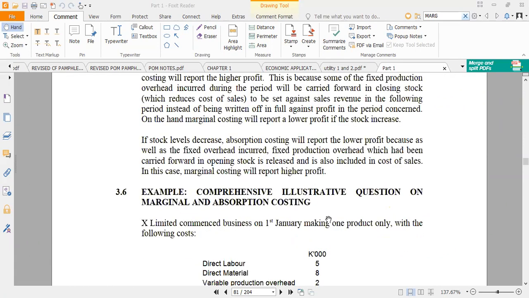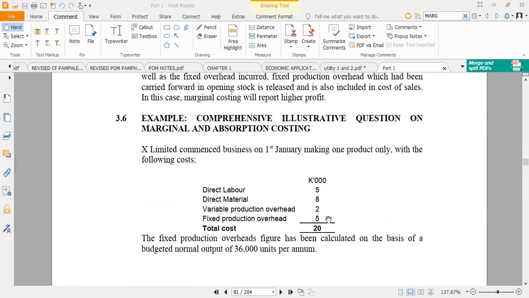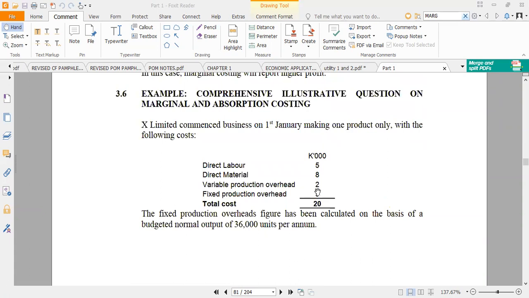Now, the example is a comprehensive illustrative question on marginal and absorption costing. X Limited commenced business on 1st January, making one product only with the following costs per unit: direct labor 5, direct material 8, variable production overhead 2, and fixed production overhead 5. So this 20 will apply for the full product cost.